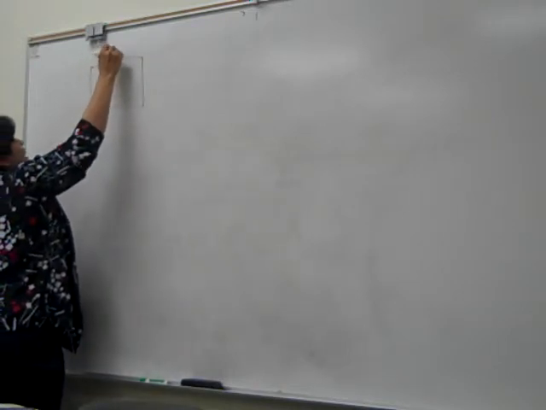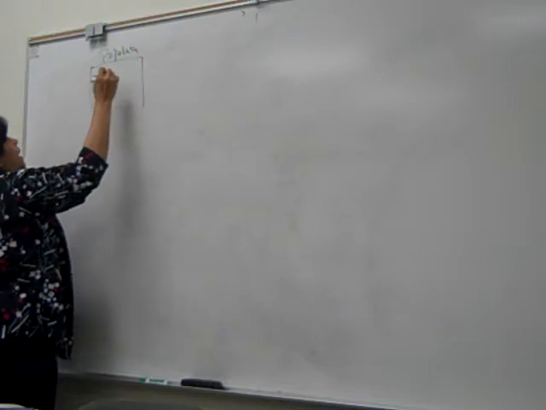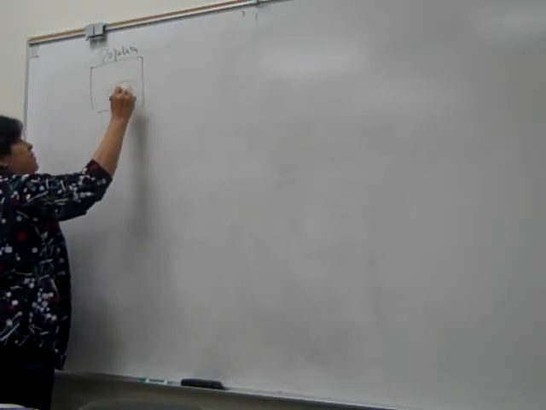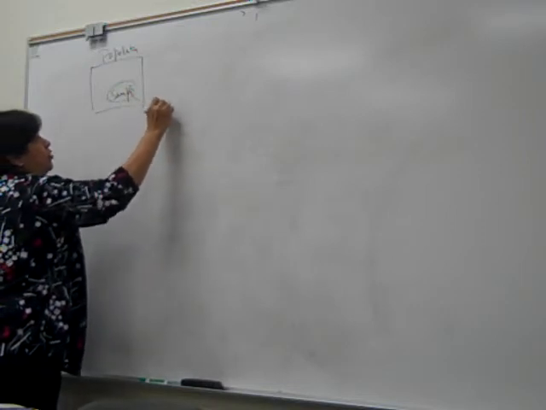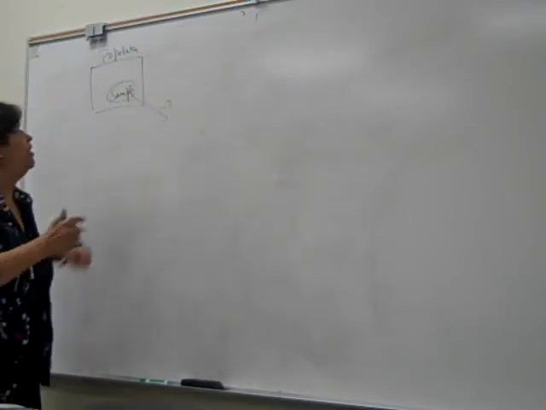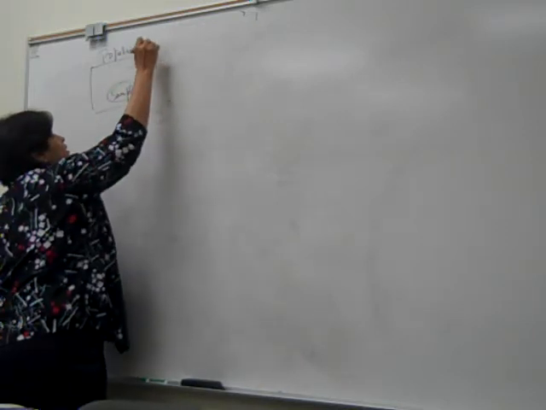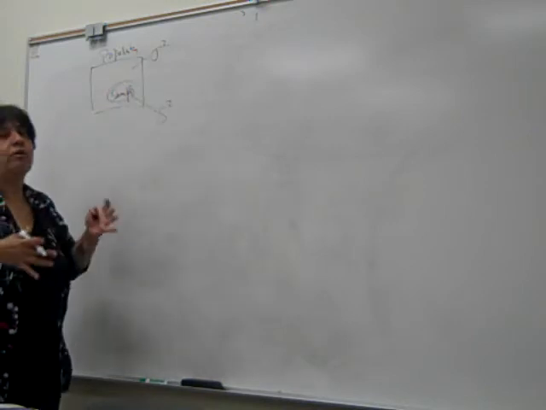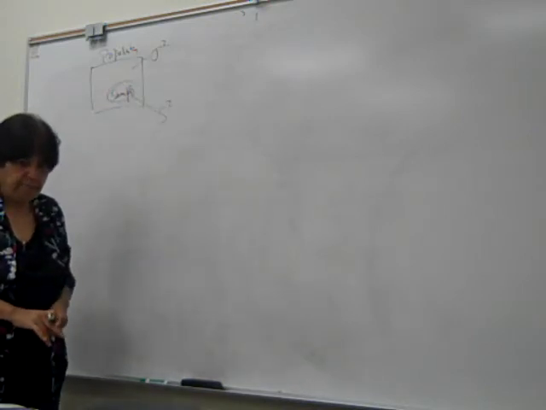So this is the population, okay? And we are going to get a sample from the population, and from the sample we are going to get the sample variance S squared, and we are going to make inferences about the population parameter sigma squared, or the population variance.